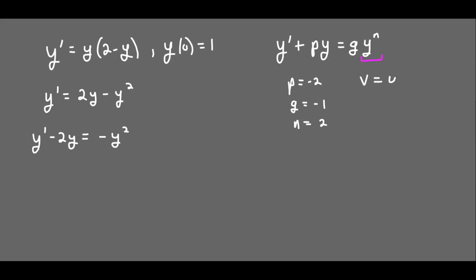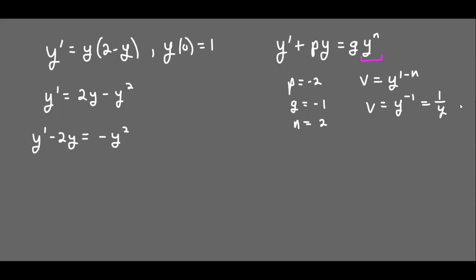V equals y to the 1 minus n. So in our case, n is 2. So v is y to the 1 minus 2. That'd be negative 1. Or you could say that's 1 over y, y to the negative 1.